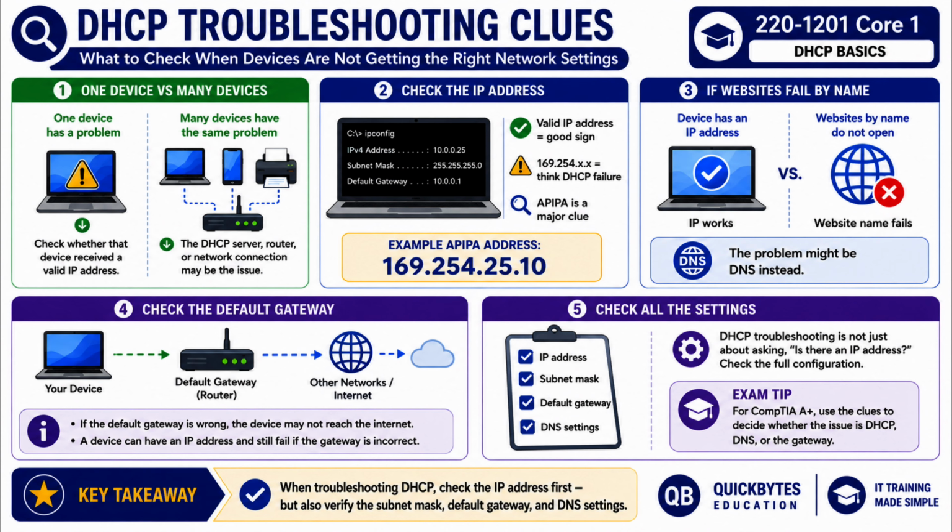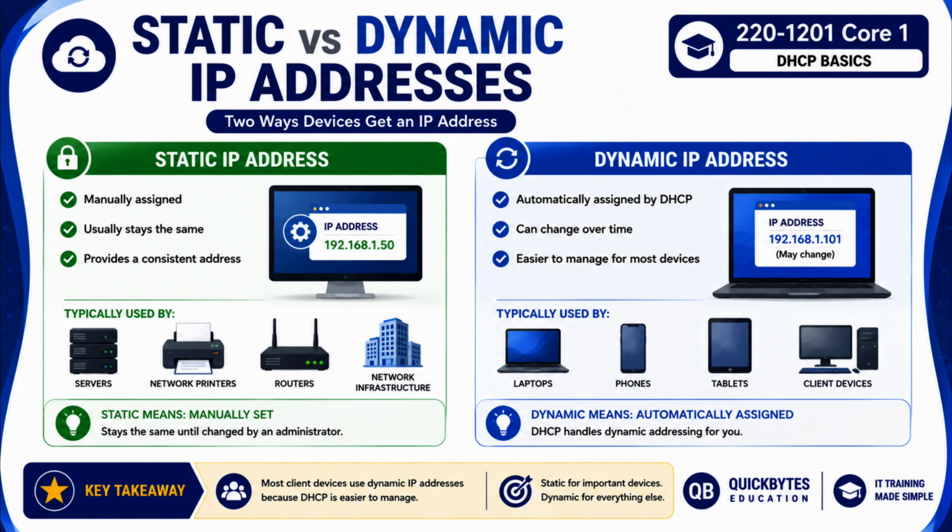So DHCP troubleshooting is not just about asking, is there an IP address? You also want to check the subnet mask, default gateway, and DNS settings. It also helps to know the difference between static and dynamic IP addresses. A static IP address is manually assigned and usually stays the same.